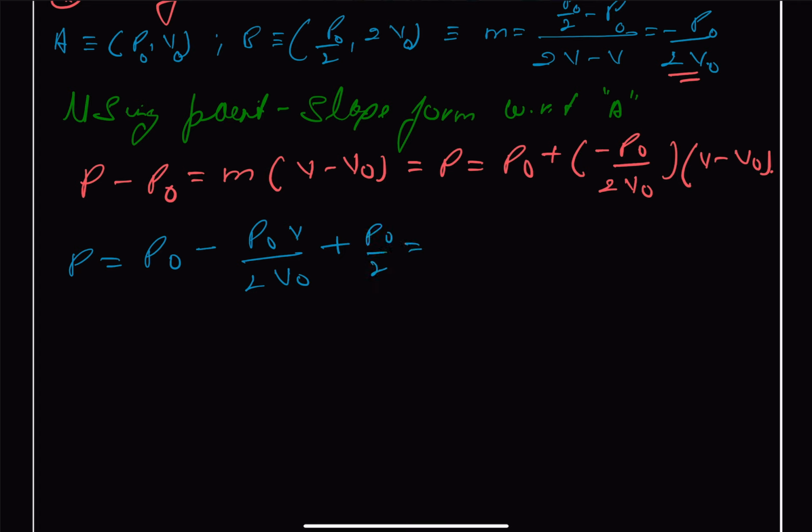So this comes as our 3 P naught by 2 minus P naught upon twice V naught times V.